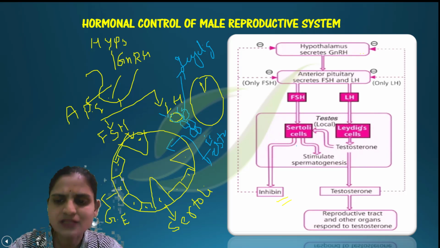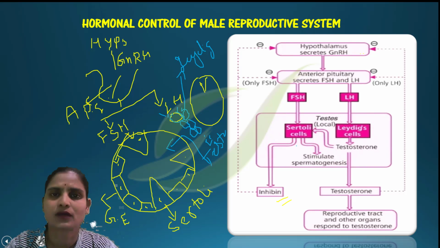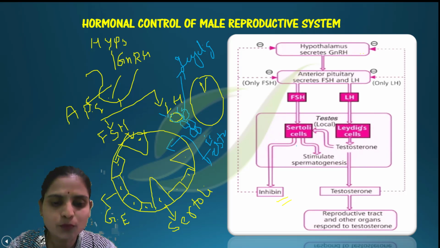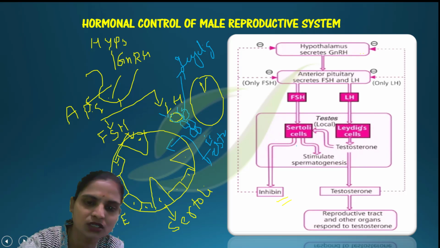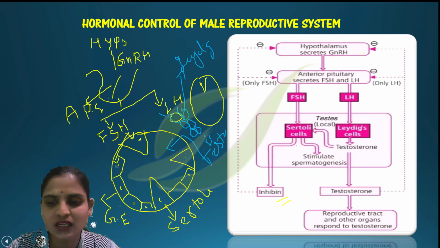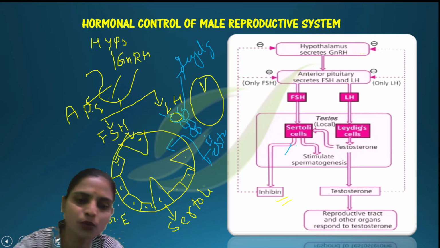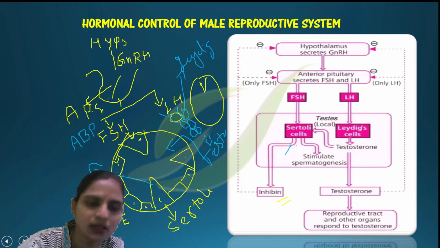Sertoli cells also produce a protein called androgen binding protein. So Sertoli cells produce two things: inhibin as well as androgen binding protein. It is a type of protein.